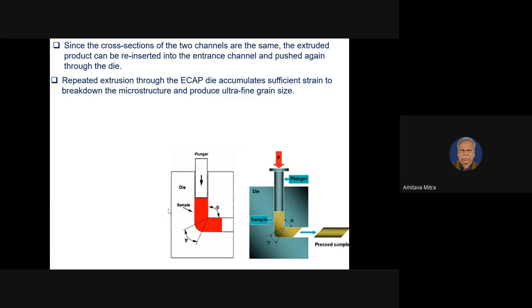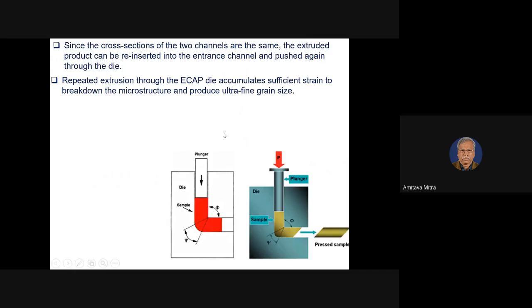Since the cross sections of the two channels are the same, the extruded part can be reinserted in the entrance channel and pushed again through the die. We always try to keep the initial part and the end part the same, so that it can be put in again and given that deformation.